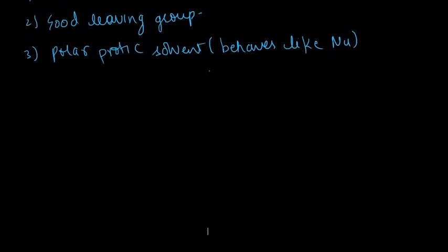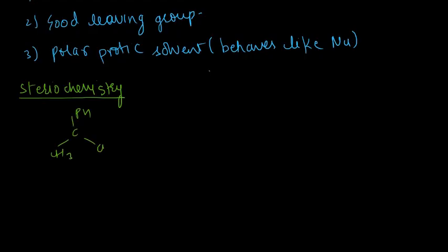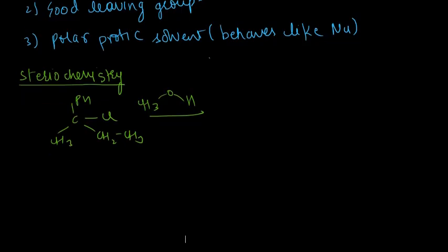Now let's talk about the stereochemistry of the SN1 reaction. In order to determine the stereochemistry of SN1, we have C, Ph, then CH3, then CH2, then CH3, then Cl, with CH3OH. Obviously all the favorable conditions are for SN1 only.